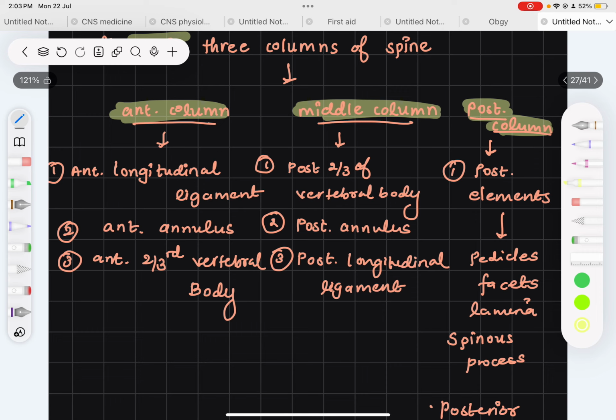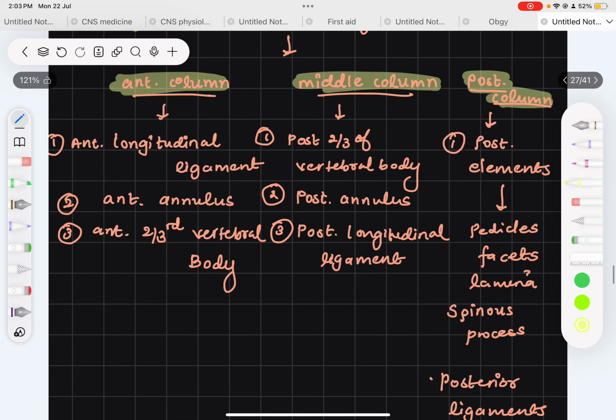So the anterior and middle columns will form the vertebral body, and the posterior column will be formed by all the posterior parts like pedicle, lamina, transverse and spinous process, superior and inferior articular processes, including all the articular facets.